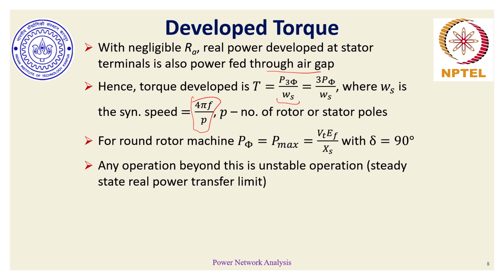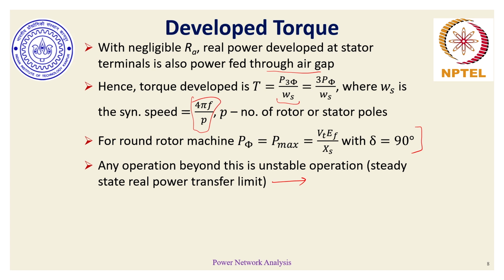For a round rotor machine, as I have already explained, the maximum real power would be at an angle delta equal to 90, and any operation beyond delta equal to 90 will lead to unstable operation. That's the steady state real power transfer limit. We'll discuss more about why delta equal to 90 is the maximum allowable limit for the machine to safely operate.